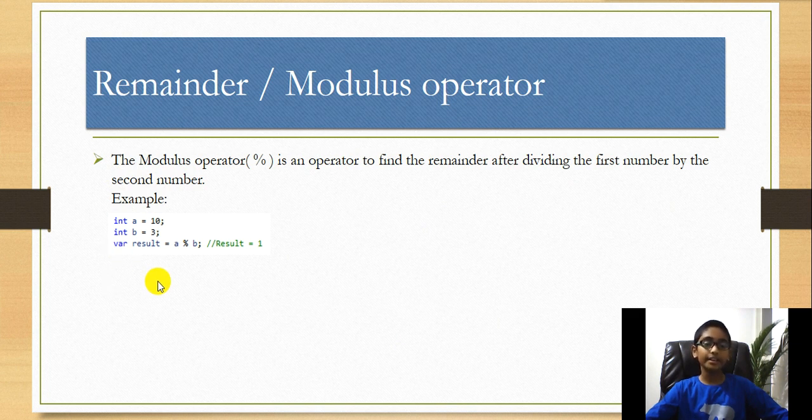Then I'm declaring another integer variable b and assigning it the value of 3. After that, I'm doing the modulus operation, a modulus b, and assigning that value to a variable called result. The value of result is going to be 1, because after the division between 10 and 3, the remainder is 1.